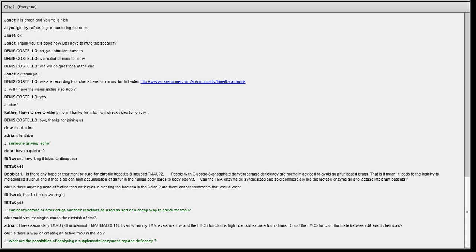Glucose 6-phosphate dehydrogenase deficiency is when you're perturbing the ability of the cell to balance its redox potential, its sort of hydrogen and oxygen potential. It doesn't lead to a buildup of sulfur. It's something quite different.